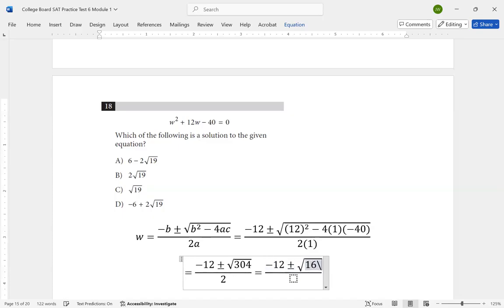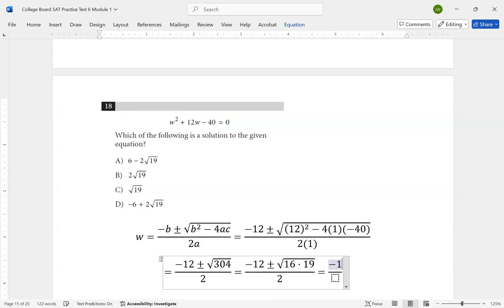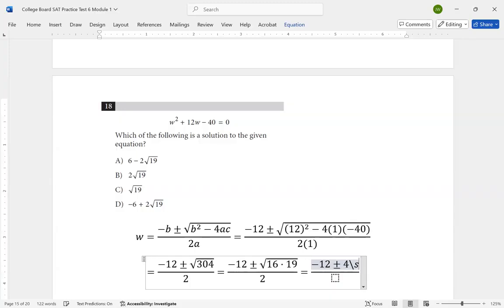Square root of 16 is 4. So we end up with negative 12 plus or minus 4 times the square root of 19, which does not simplify, all divided by 2.